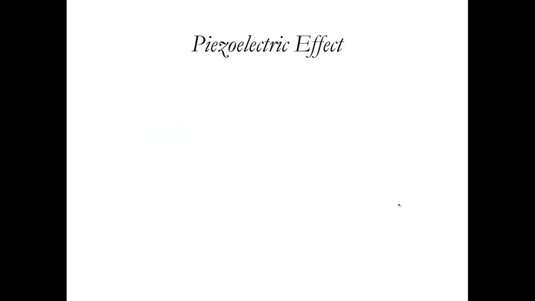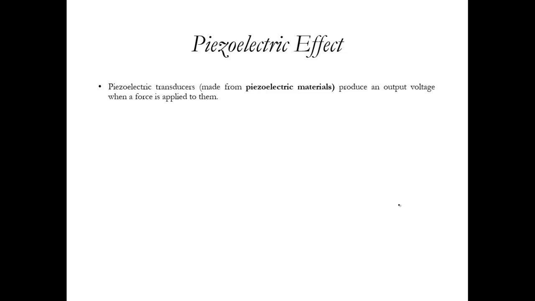All right, so let's talk about the piezoelectric effect. Now, this is something very classical to the students also, because piezoelectric is something that we have already studied, that there are some materials called piezoelectric materials, which produce a voltage when some forces are applied to them, or when they are put under stress.